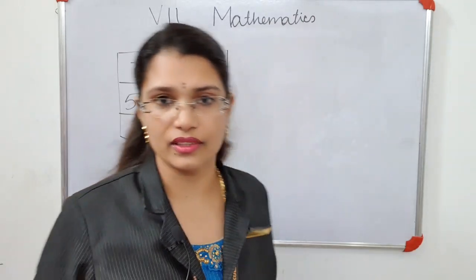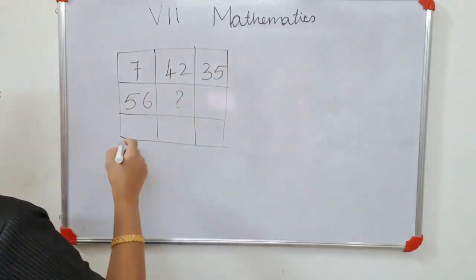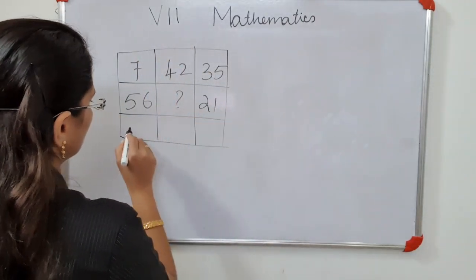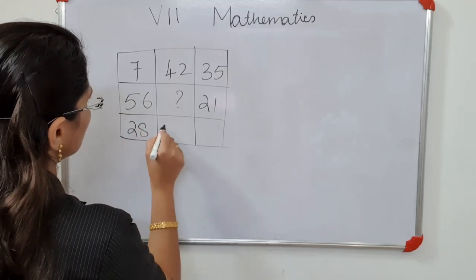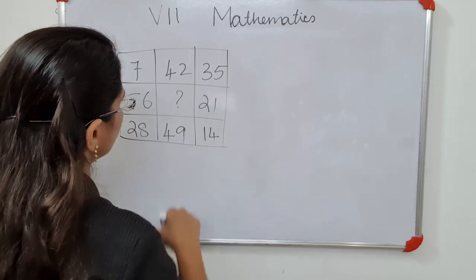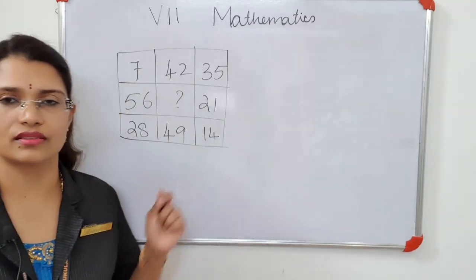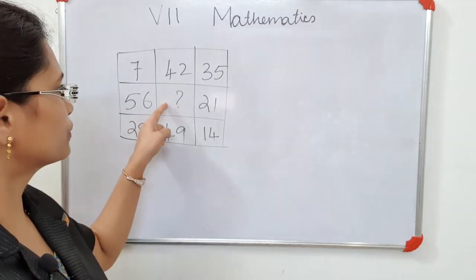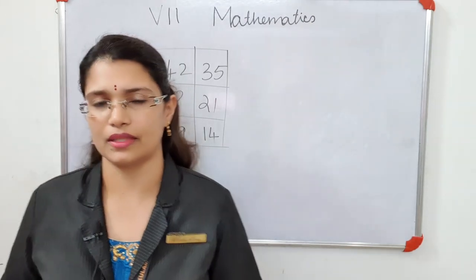You have to find out the number. Then 21, 28, 49 and 40. This is your puzzle. So you have to find out this number.